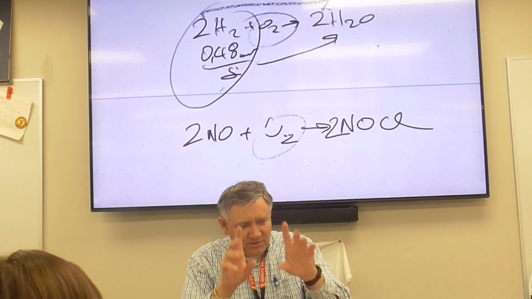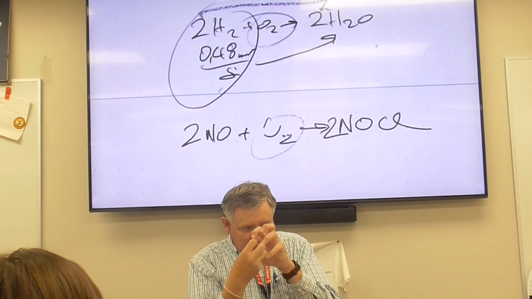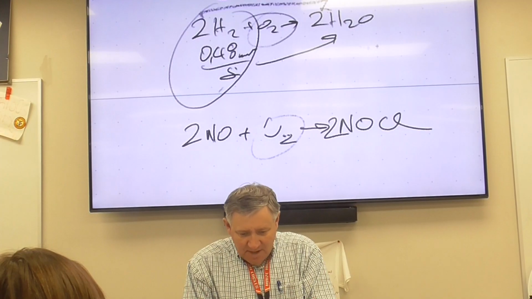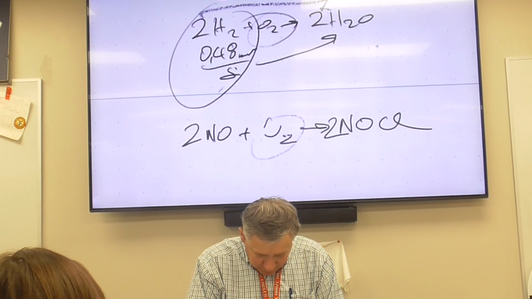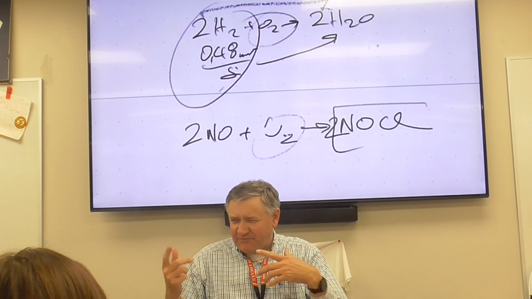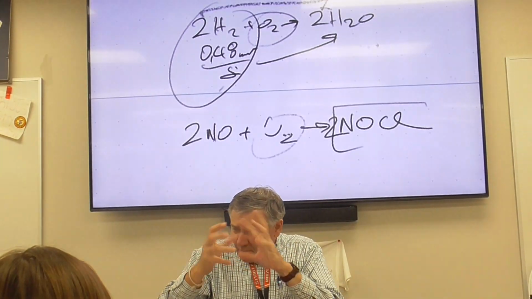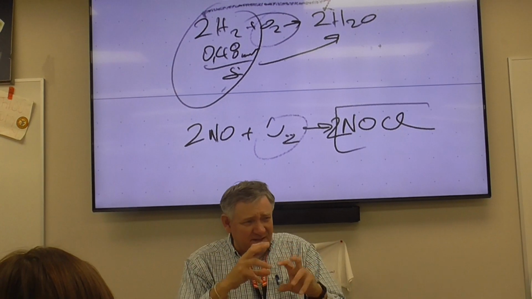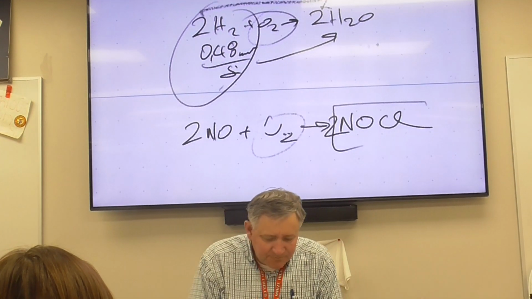And you've got the 2 NOs, which have to align themselves just right to collide with the oxygen. And then you got to break the bonds that hold the oxygen together so that then you produce NOCl. So this reaction is fairly tough to do just because of the mechanism involved, and everything has to collide just right. You got to break the bonds. So it happens, but it's tough to do.